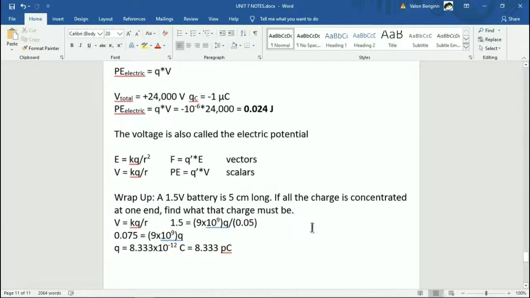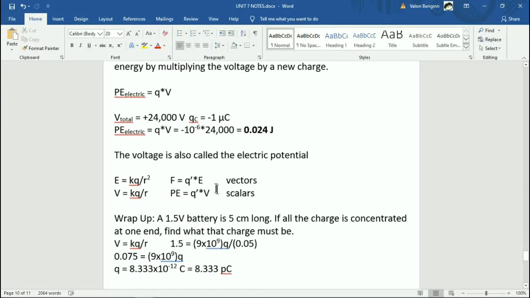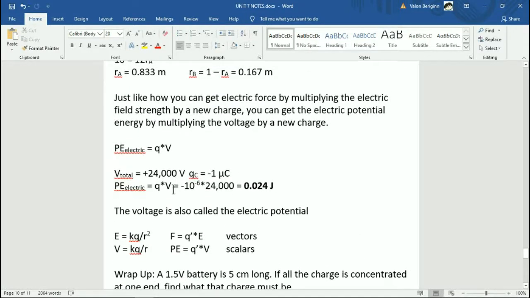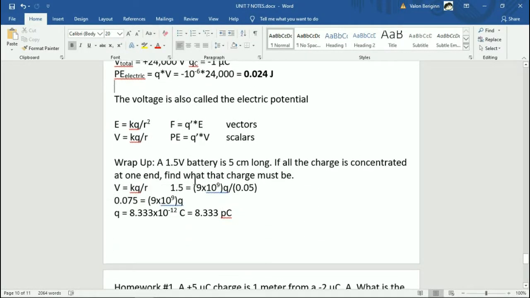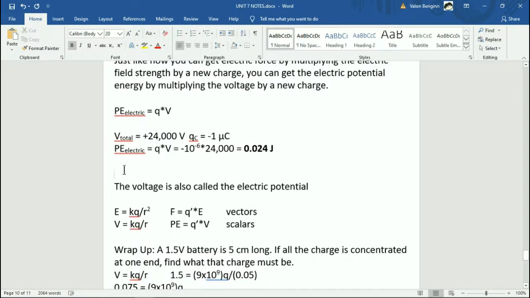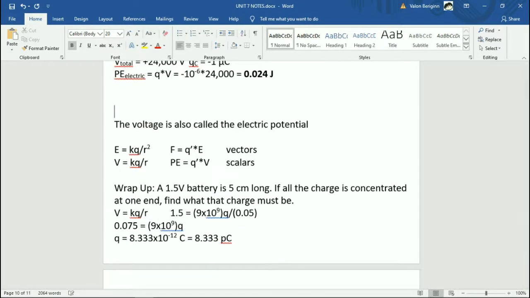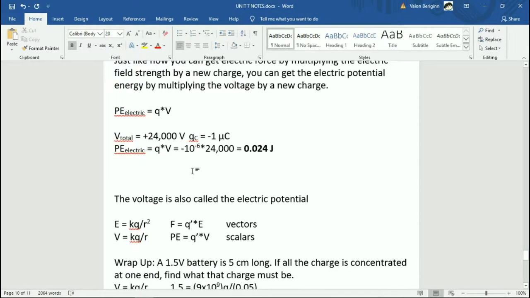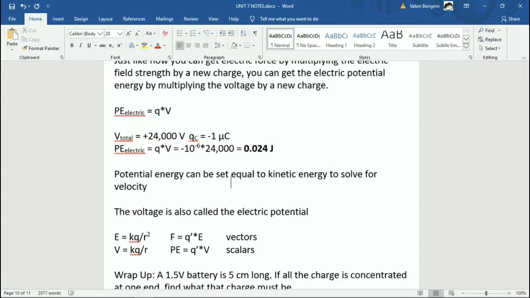Okay, so going back to this here. So once you have a potential energy, remember that from this, that potential energy can be set equal to kinetic energy to solve for velocity.